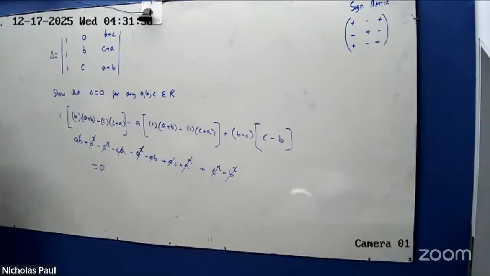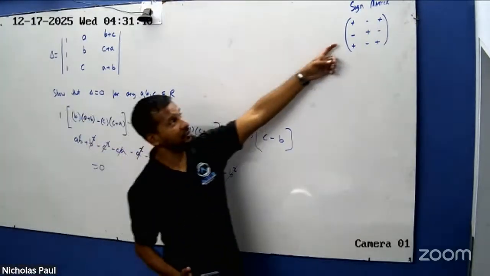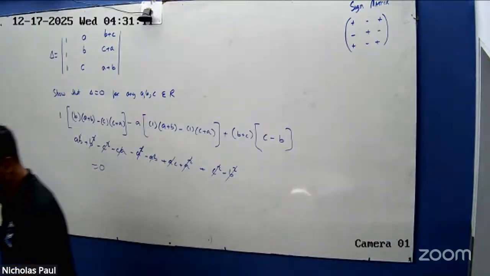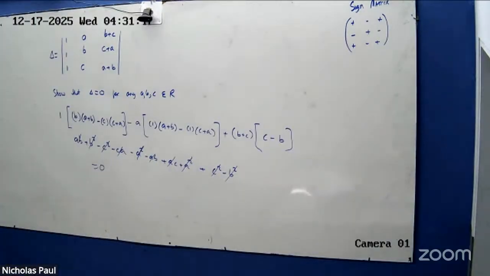Nothing? But remember the sign matrix is switching, so the sign will change. The determinant changes sign only; the magnitude stays the same.